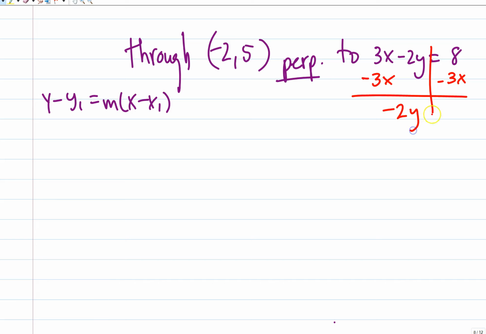So -2y is equal to -3x plus 8. So y is equal to a negative over a negative, positive divided by negative. So our slope now that it's in y equals mx plus b is what?